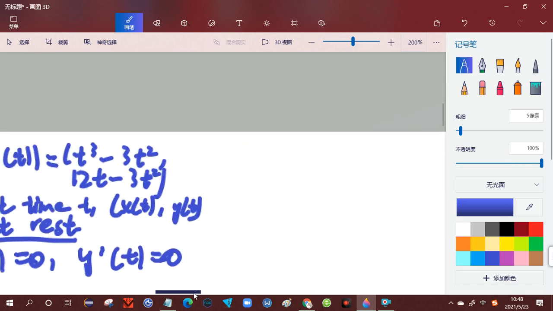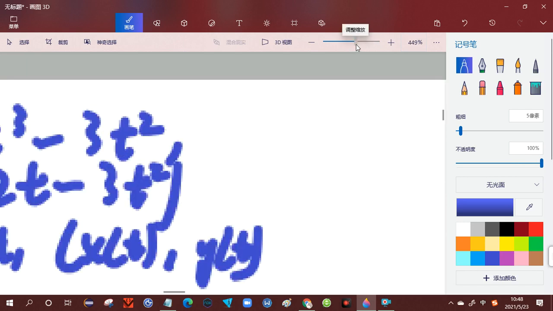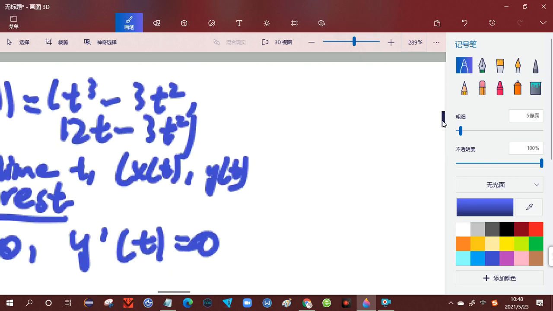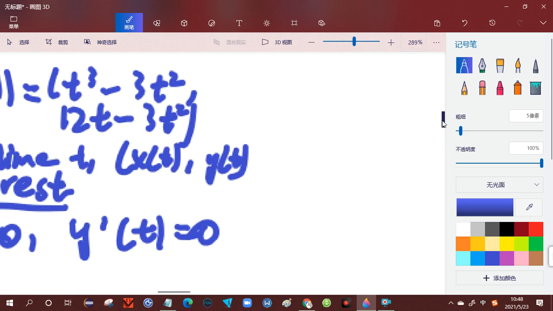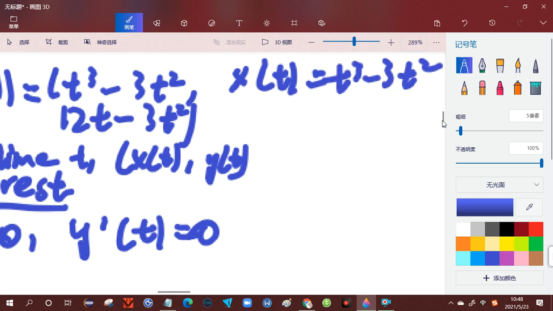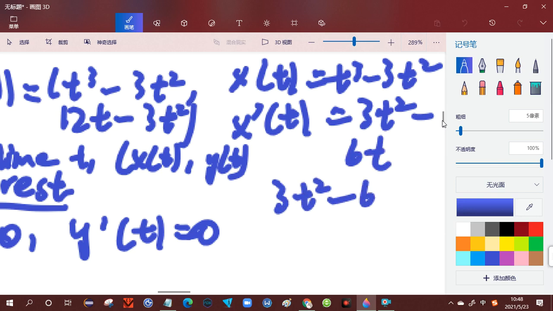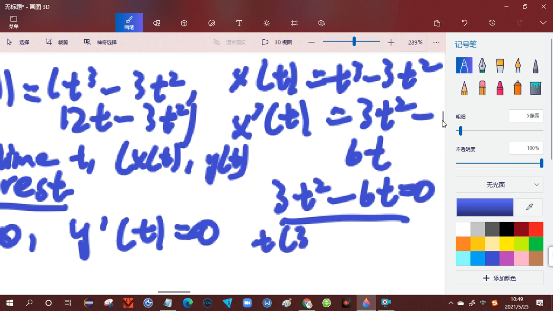Since x(t) equals t cubed minus 3t squared, the derivative of x(t) is 3t squared minus 6t. Setting 3t squared minus 6t equal to 0, we get 3t(t minus 2) equals 0.